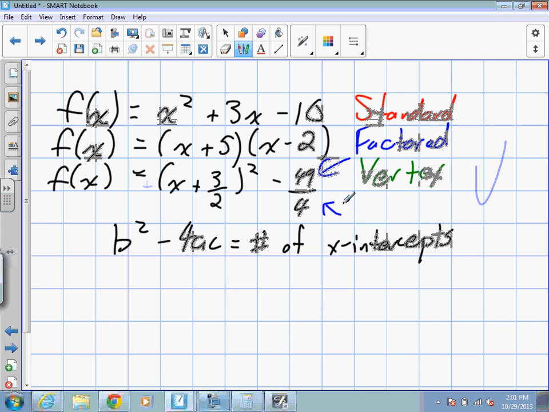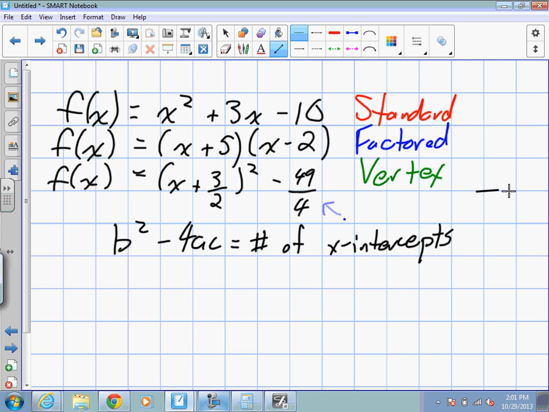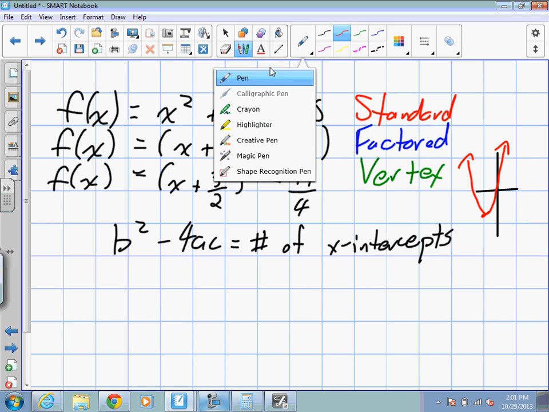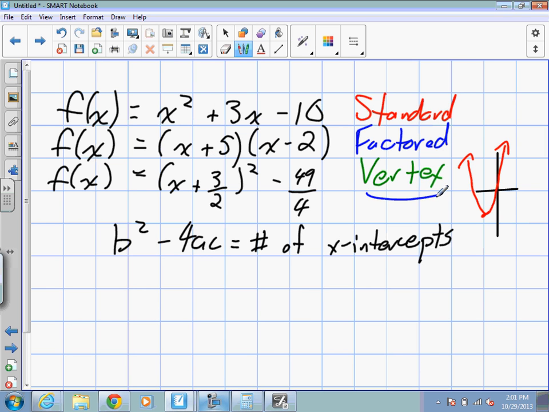It's a negative value, like -11 or -12 point something. Whatever it is, it's below, and we know that this opens upwards. Therefore, how many x-intercepts do we have? 2. So from vertex form, it is really easy. As long as we know which way it opens and we can tell where the y value of the vertex is, we can find the number of x-intercepts.